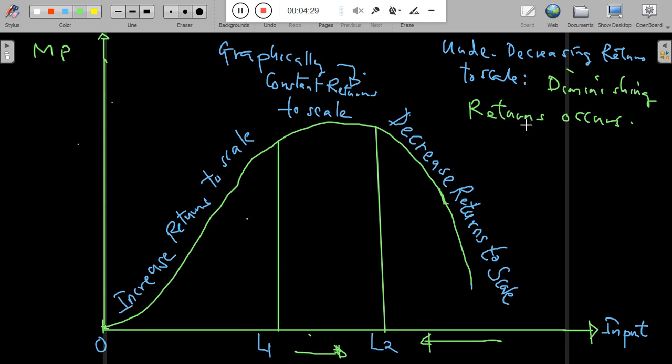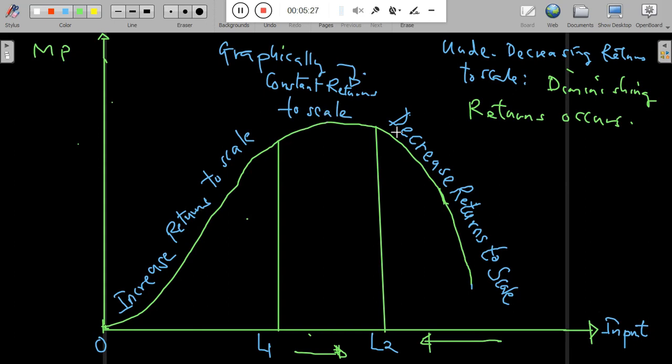So this is the illustration graph that shows the types of production function. On the left, we have the increasing return to scale, whereby producers increase more inputs and get larger output. And we have the constant return to scale, whereby the increase of input leads to the same proportional increase in output. And on the right hand side, we have the decreasing return to scale, whereby the producers increase a large input and they obtain a small quantity of output.